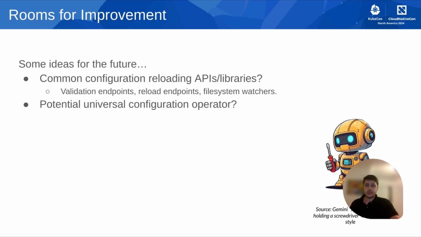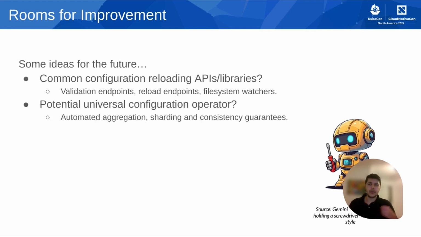We could potentially create a universal configuration operator. I don't see why there has to be a different operator for everything if they're all doing the same thing. It can do things like automated aggregation, it can do sharding, and it can also guarantee the consistency of the config map within the Kubernetes API.